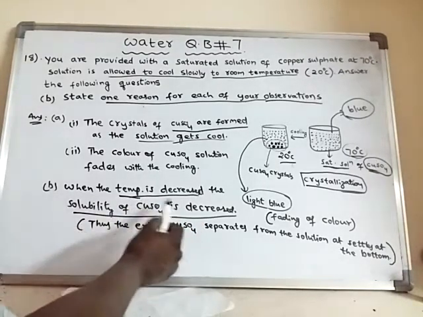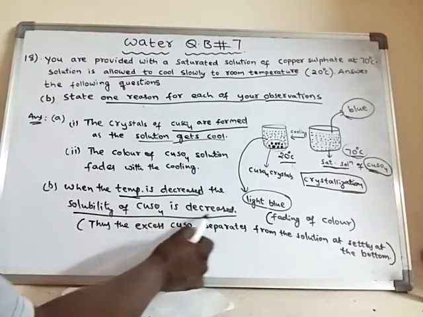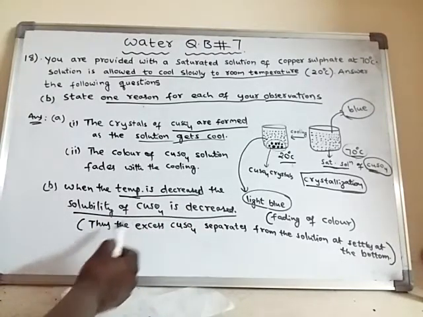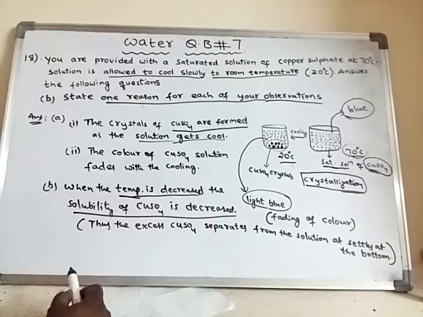When the temperature is decreased, the solubility of copper sulfate is also decreased. Whenever solubility of the substance decreases, the amount of dissolved substance will be less. So the excess amount of copper sulfate will come out, because the dissolved amount will be less and all the undissolved amount will come out.